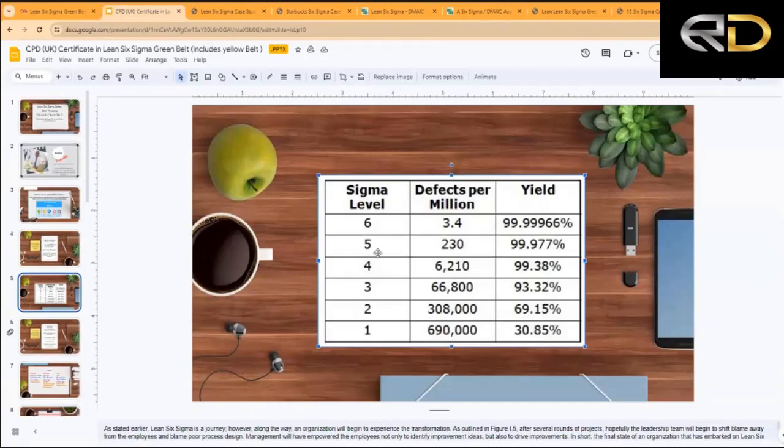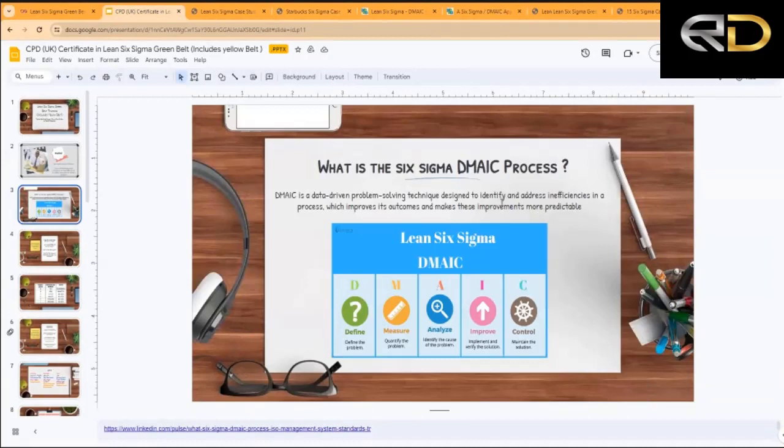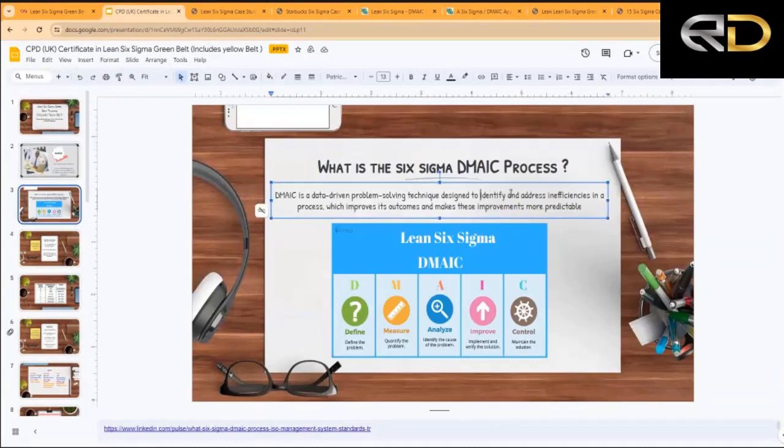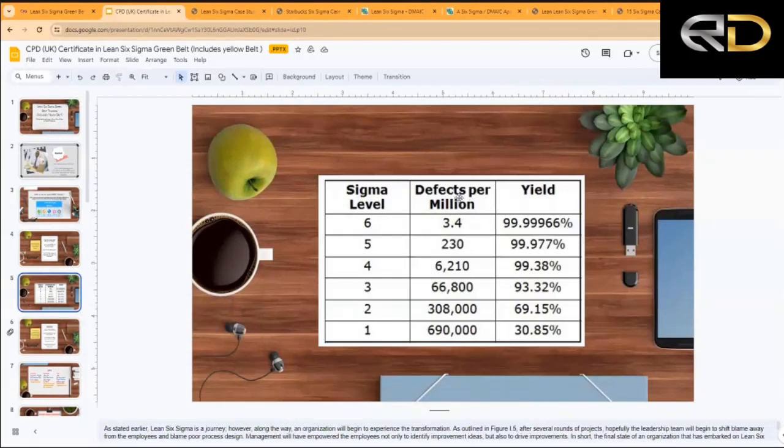Okay, so how do we use this sigma chart and this table? Well, it comes back to the main thing that you're trying to do here. We are here to identify and address these inefficiencies. So these inefficiencies, ladies and gentlemen, are the ones that are represented as defects. So what you're trying to do is to identify and address these defects so that we can improve.